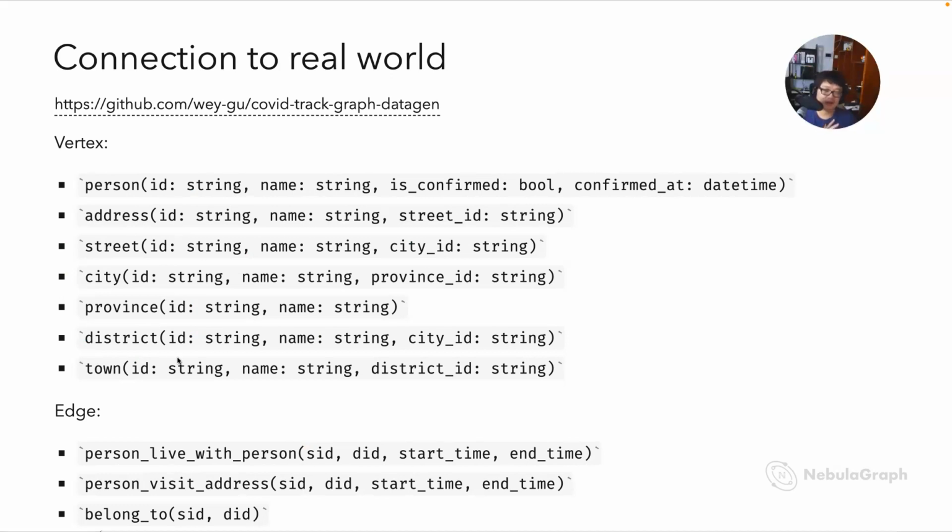Those data are real world data, which I grabbed from the public domain and put in this project. The belong-to edges here are also from the real world, but the person lives-with person and person visits address edges are randomly generated, with the same method as the last one. So be sure to check out this code if you are interested.